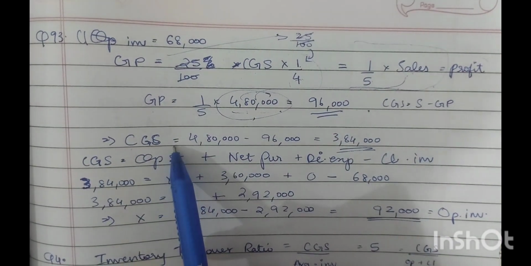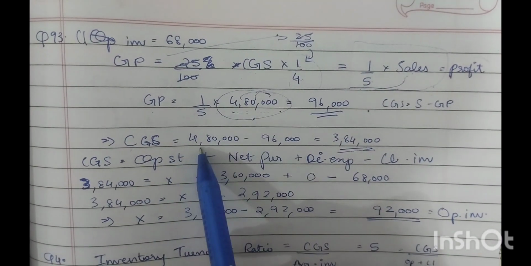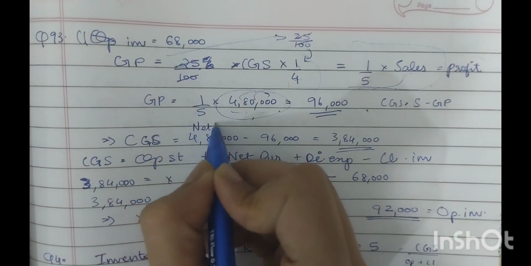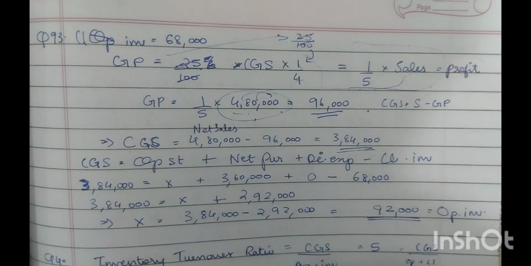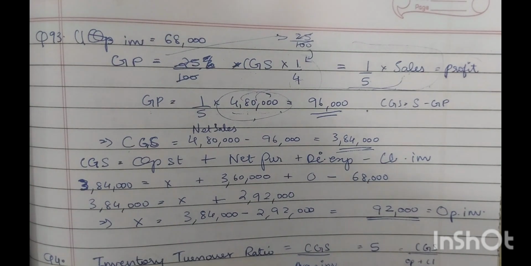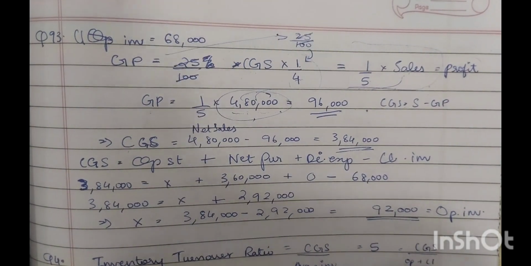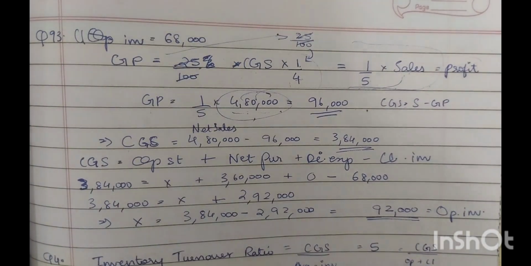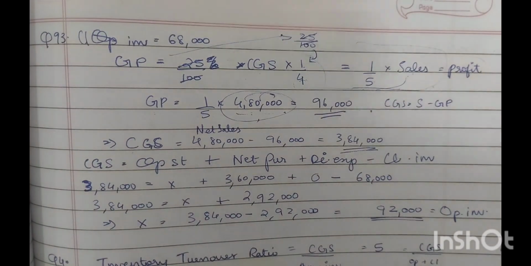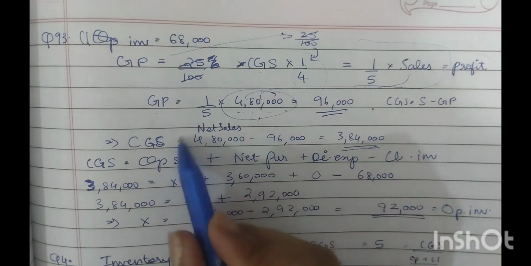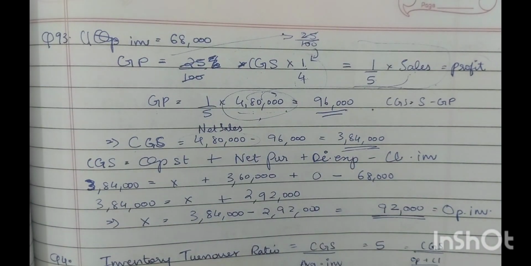CGS, or cost of goods sold, is equal to our net sales. Now here again, they haven't mentioned the sales to be net sales, but we take it to be net sales because no additional information is given about any excluded sales or any sales returns, right? So we can take it to be the net sales amount.